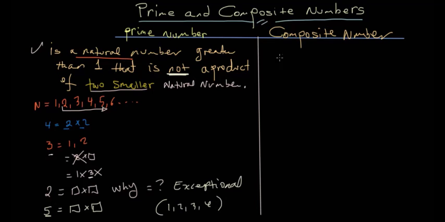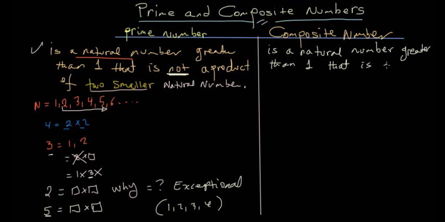A natural number greater than 1, again we still have this restriction, that is a product of two smaller natural numbers.